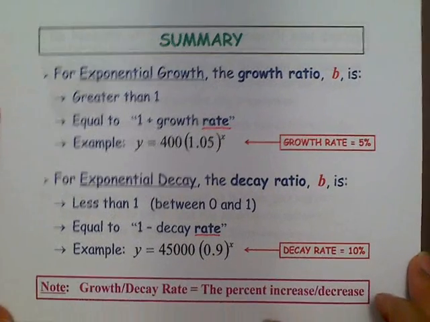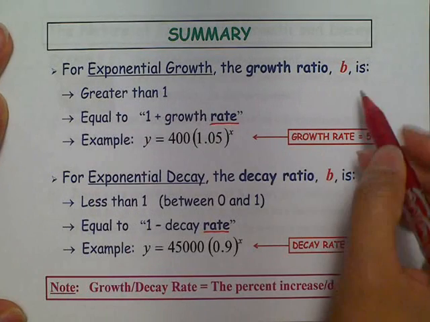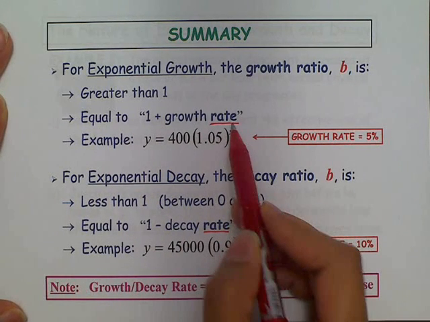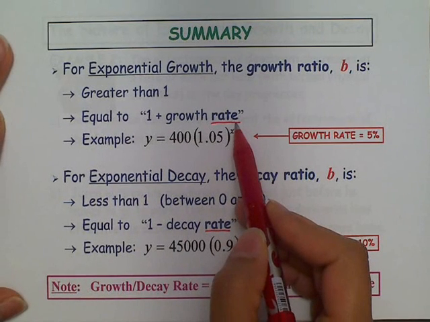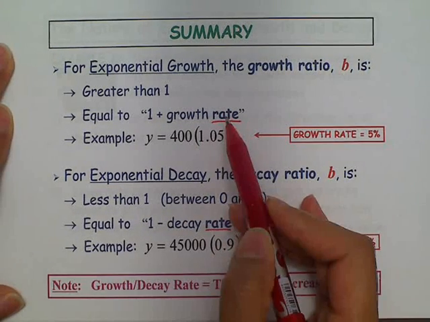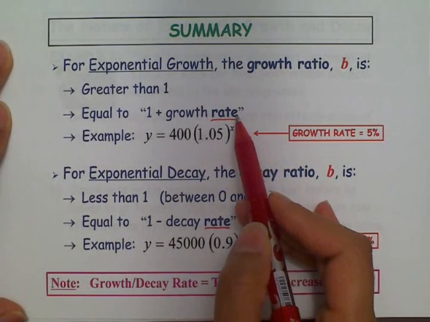Okay, so for exponential growth, the growth ratio, b, is greater than 1. So you're going to have a value that's greater than 1. It's also going to be equal to 1 plus the growth rate. Sometimes when you're looking at a percentage increase or decrease, you're looking at a growth rate, so increasing by 5% or decreasing by 10%.